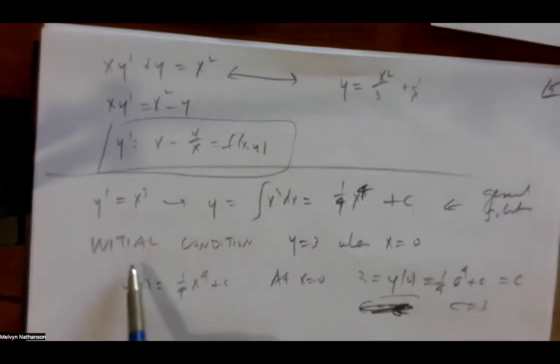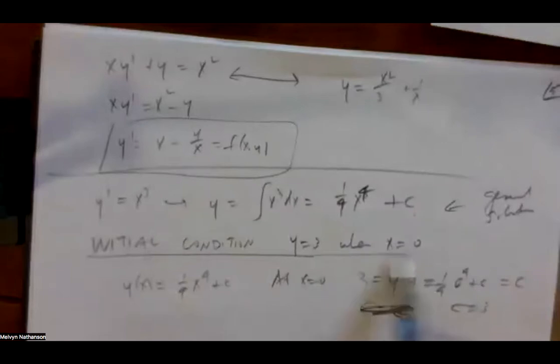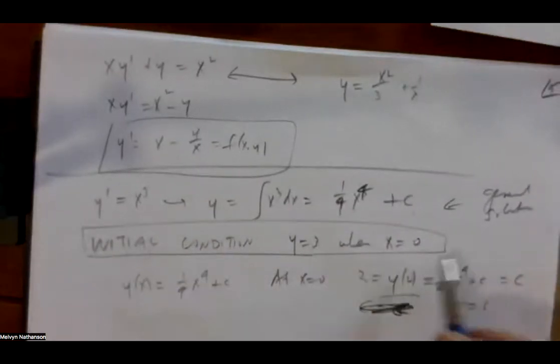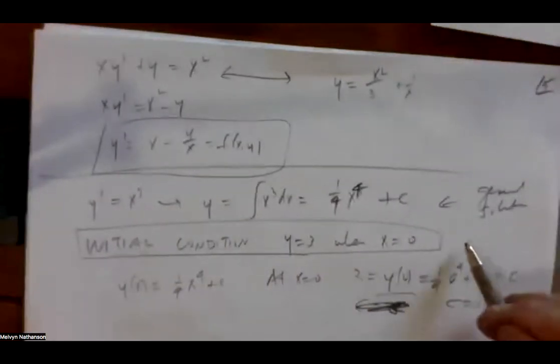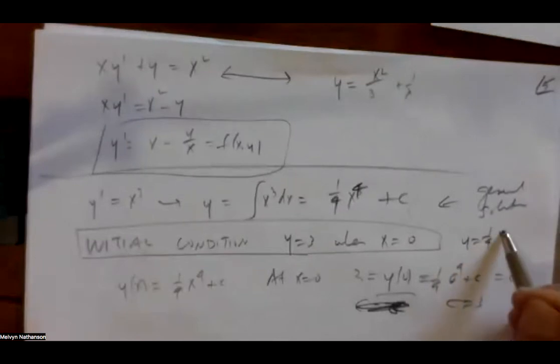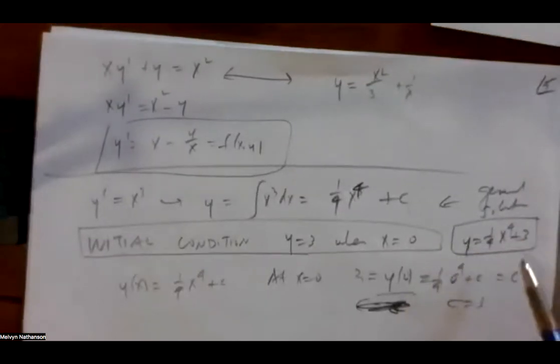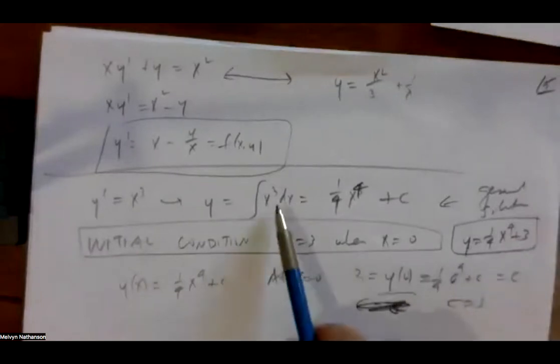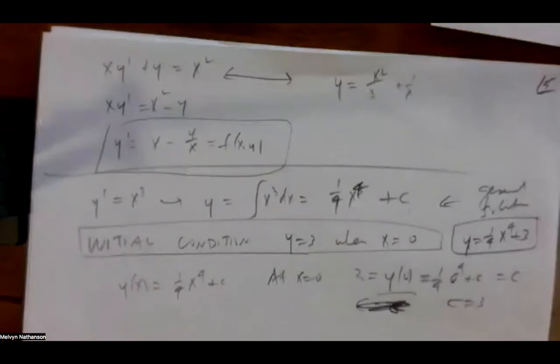So the particular solution of the differential equation which satisfies this initial condition is y equals 1/4 x to the fourth plus 3. That's the only solution of the differential equation which satisfies the initial condition.